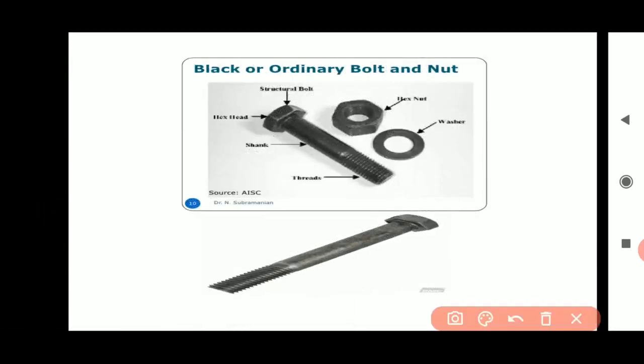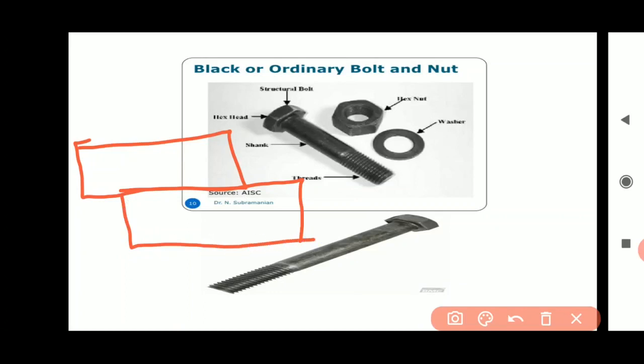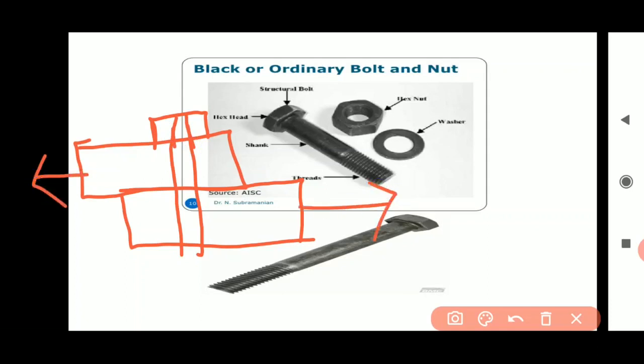This is a steel plate and this is another steel plate. Here the bolt is inserted in the hole to join these two steel members. Let the load or force be applied in this way.